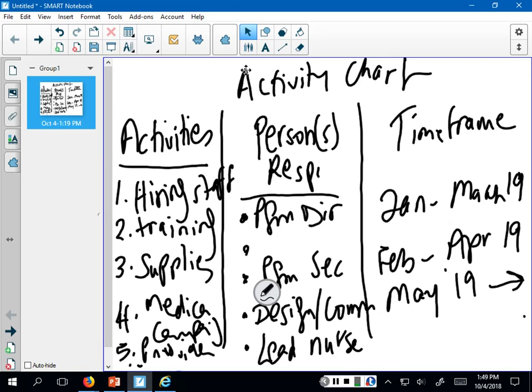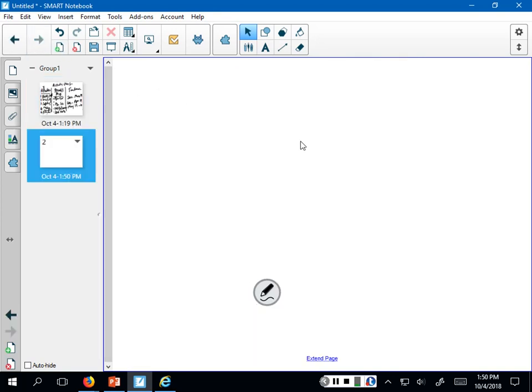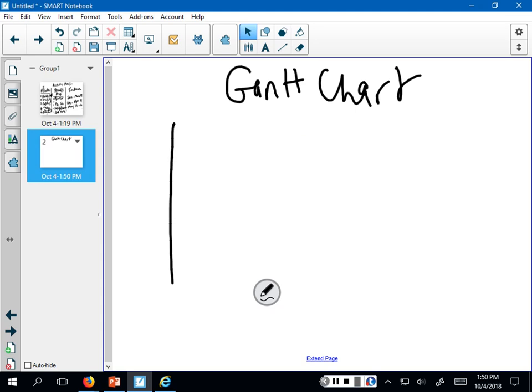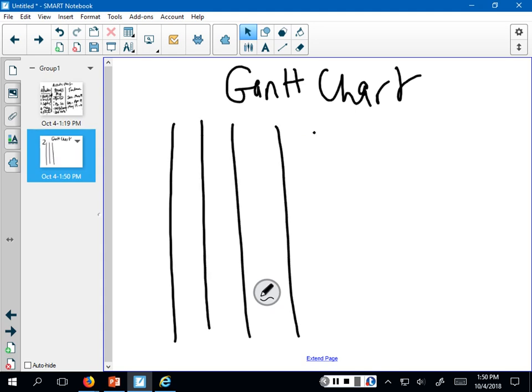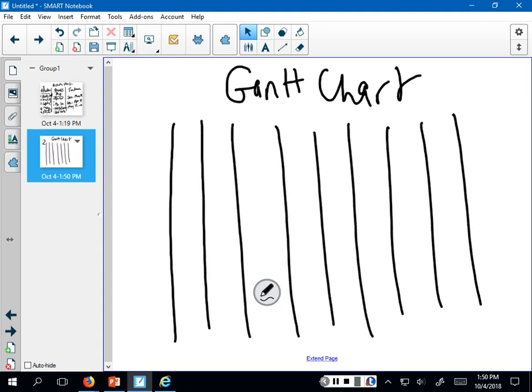Another common way of presenting your work plan is what we call the Gantt chart. Okay? Anyone seen a Gantt chart? The Gantt chart will be like a matrix, okay, where, let's say this is a 1-year program.